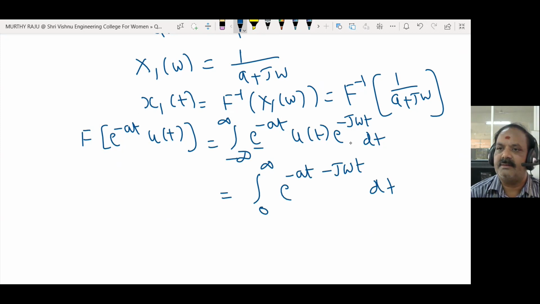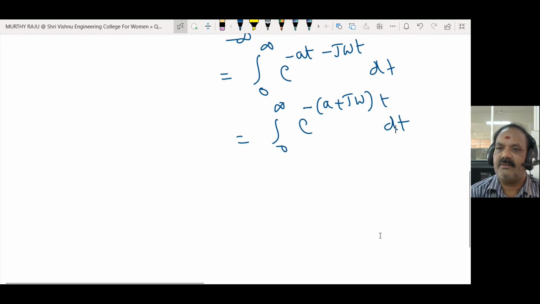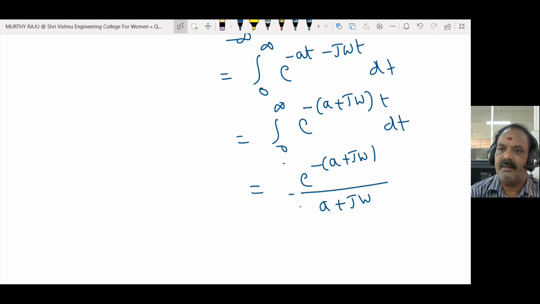These two are combined. For t greater than or equal to 0, that means 0 to infinity, the value of u of t is 1. So the integral from 0 to infinity of e power minus (a plus j omega) t dt. This is equal to e power minus (a plus j omega) t by minus (a plus j omega), from 0 to infinity.